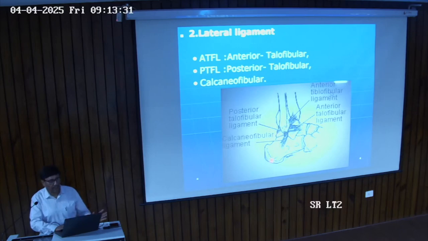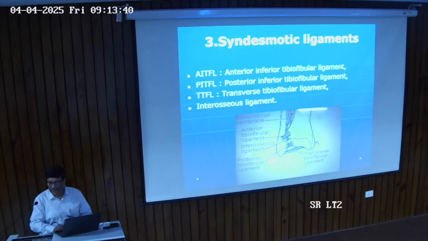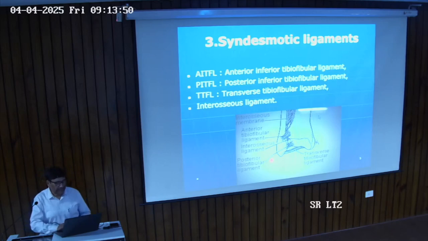So there is the deltoid ligament, there is the lateral ligament, and thirdly there is the tibiofibular ligament, also called the syndesmotic ligaments. This ligament joins the distal tibia to the fibula. So it also has four components. Anteriorly, it is the anterior inferior tibiofibular ligament, because it is on the distal part.